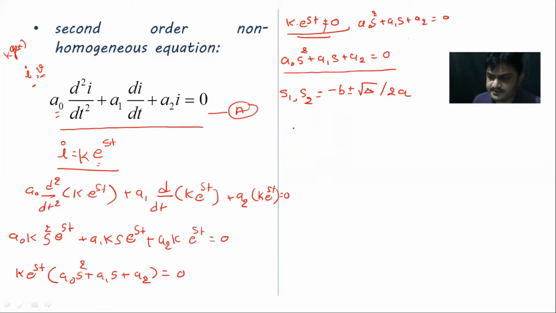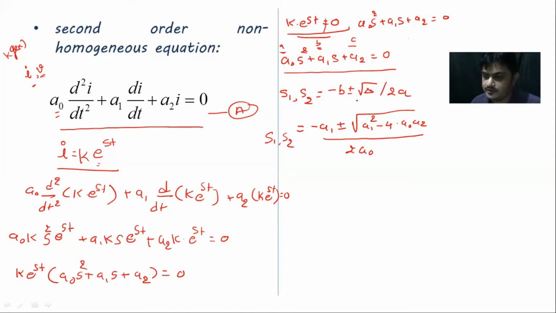So if you compare this, this is your a, this is your b, and this is your c. So you can write minus b, it means minus a1, plus or minus delta means b square, so a1 square minus 4 a0 a2, divided by twice of a0. Okay, so this is the root of the equation.